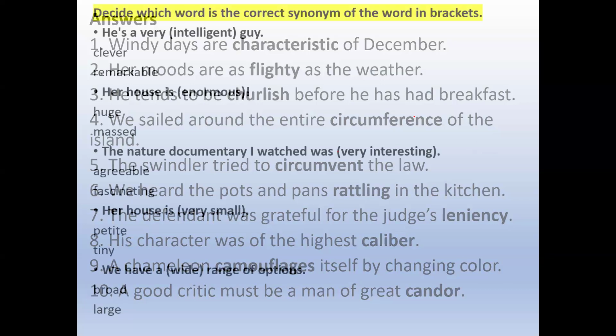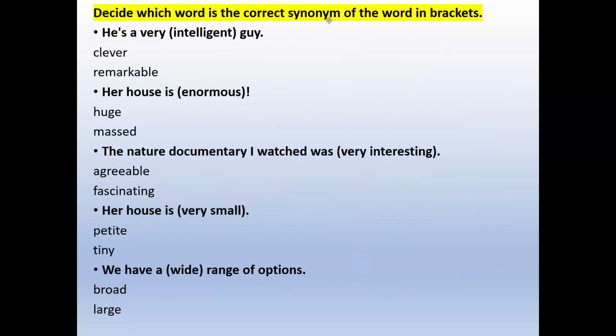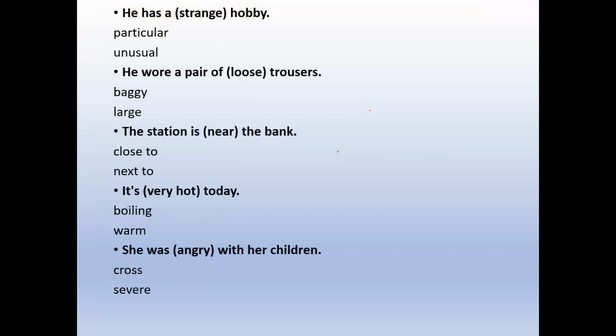To another work. Could you all please check whether you have this in your notes? Decide which word is the correct synonym of the word in brackets. Have you got this work in the notes? Yes, madam. Right. We have 1, 2, 3, 4, 5 there, and 5, 6, 7, 8, 9, 10.